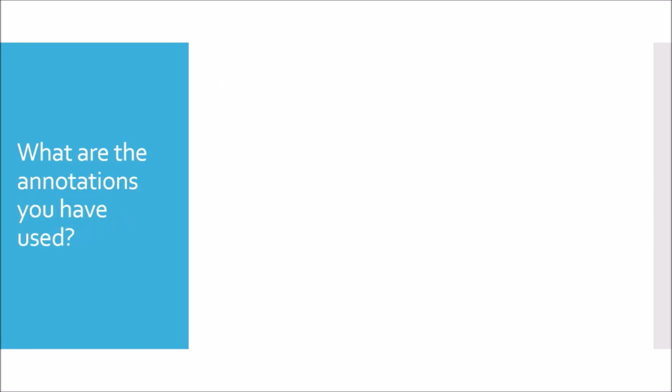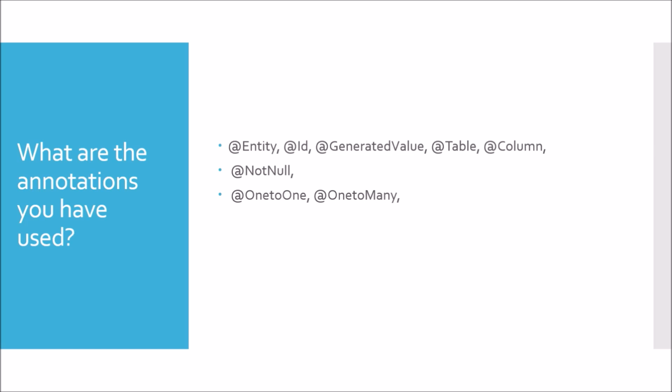What are the annotations you have used? In my project, the basic annotations we have used were @Entity, @Id, @GeneratedValue, @Table, @Column, @NotNull for validation of the fields, @OneToOne, @OneToMany for relational mapping. There are four kinds of relational mapping: one-to-one, one-to-many, many-to-many, many-to-one.